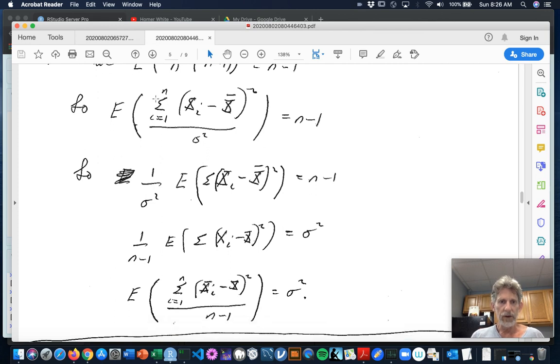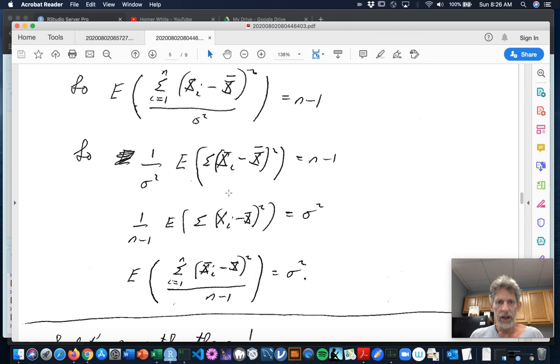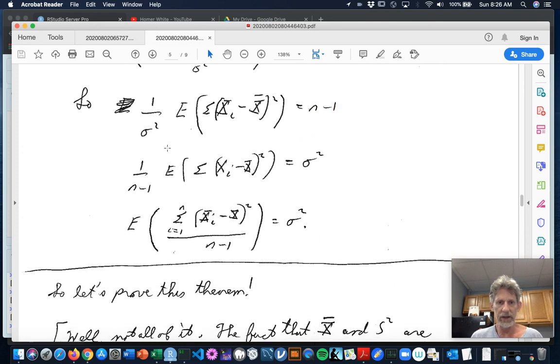And there's a 1 over sigma squared in that expression, which is a constant, so I can factor it out of the expected value because expected values are linear operators. I can multiply both sides of that equation by sigma squared and divide both sides by n-1, and I can get this. And then the 1 over n-1 is a constant, so I can work it inside the expected value, and I've got that the expected value of S squared is indeed sigma squared. So off of the chi-squaredness, this comes immediately.